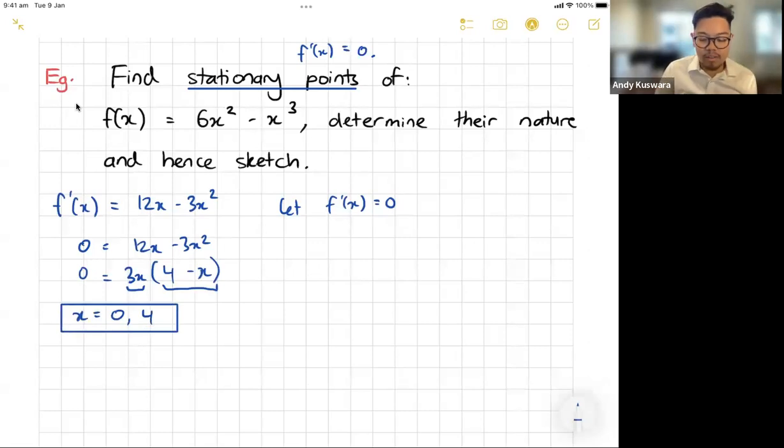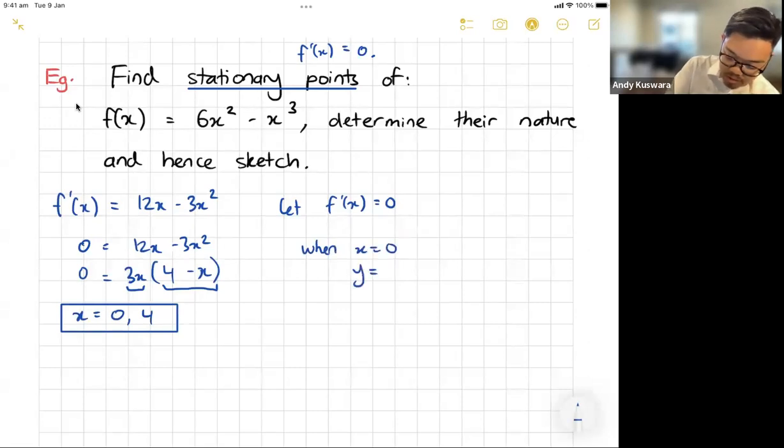Now remember, to find a stationary point, x is a good start, but I also need the y. So let me do that now. When x equals 0, y is also going to equal 0, substituting into the original. That one's nice and easy.